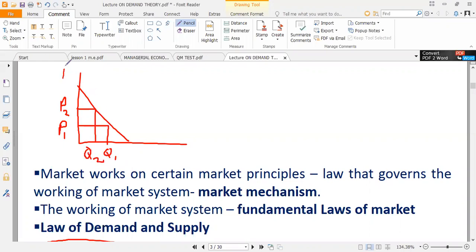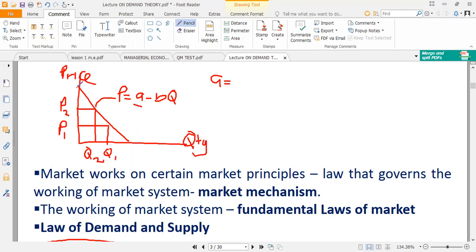So here we have our price, and here we have our quantity. So the demand function is given by the function P is equal to A minus BQ, where A stands for the y-intercept, where it's cutting the what?